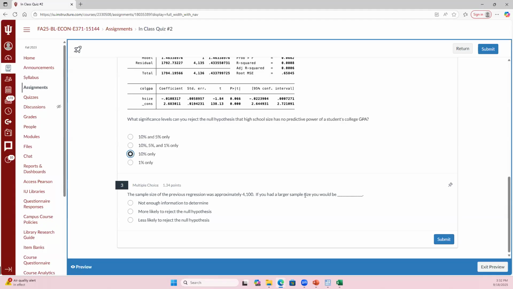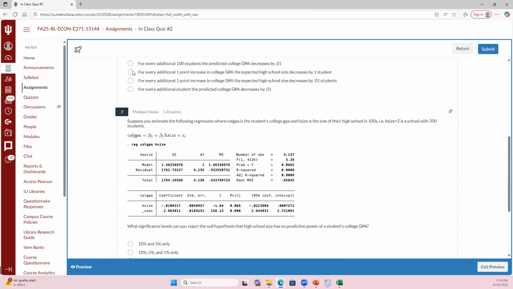As I increase that sample size, my standard error decreases. Seeing the same estimate for my slope coefficient would produce a higher test statistic. A higher test statistic produces a lower p-value, making it more likely I can reject the null. So just like with sample means, larger sample sizes should make it more likely we can reject that null hypothesis.